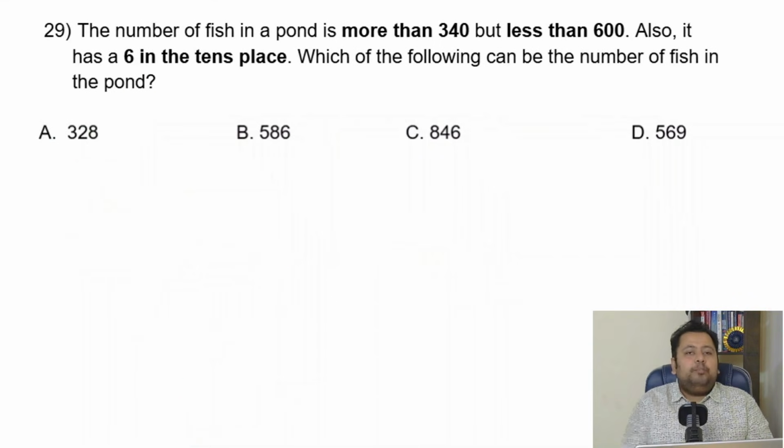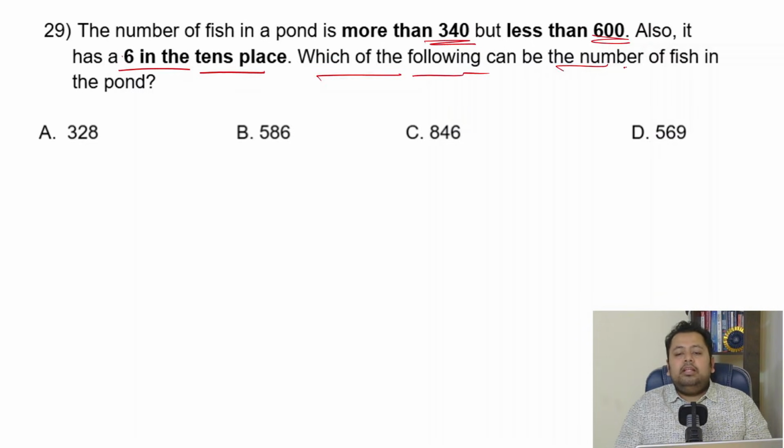And now we move to question number 29. The number of fish in a pond is more than 340 but less than 600. Also, it has 6 in the tens place. Which of the following can be the number of fish in the pond? So we know it's a three-digit number, right?